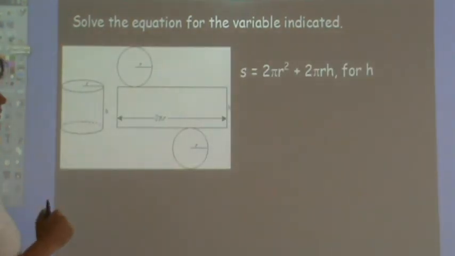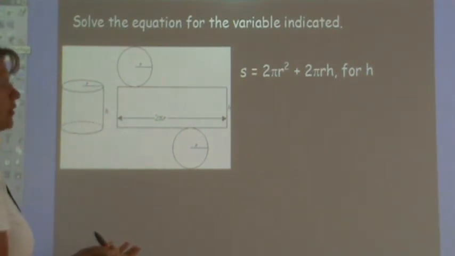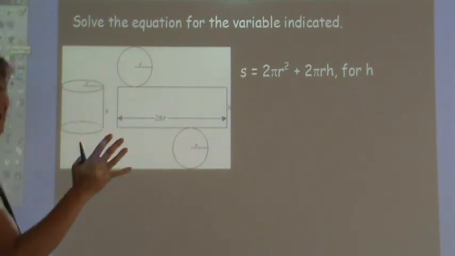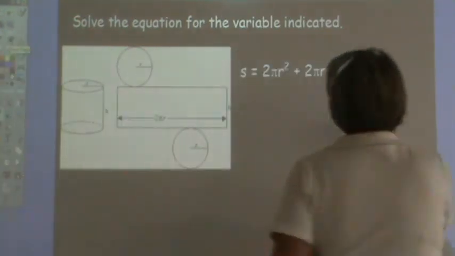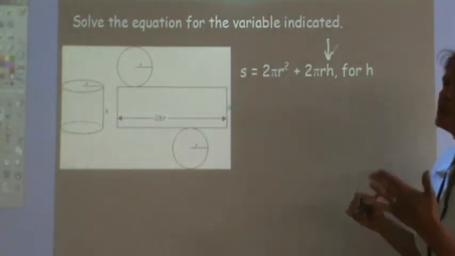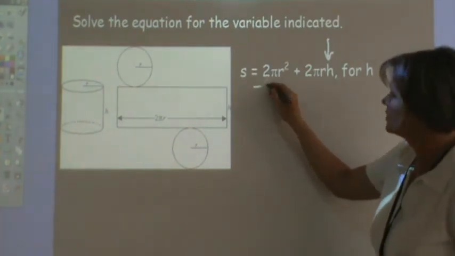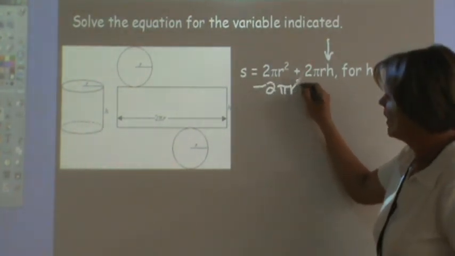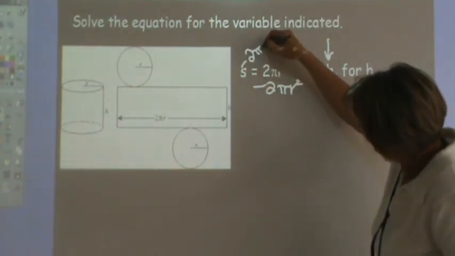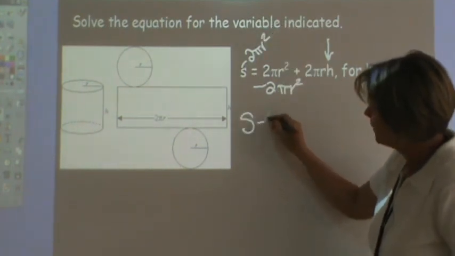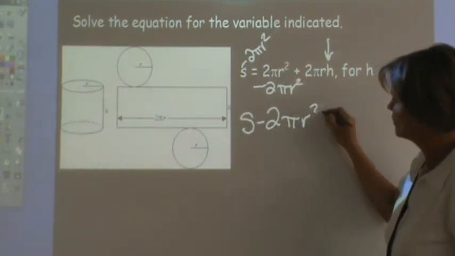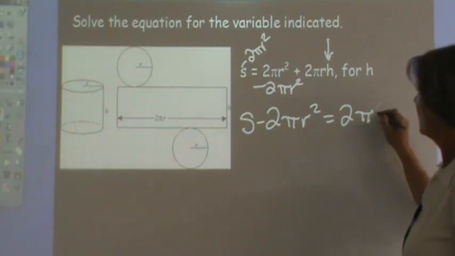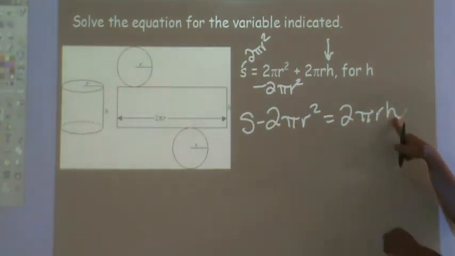All right, surface area of a cylinder. We have 2 pi r squared plus 2 pi r h. We're going to solve it for h. Not as intimidating as it looks. We want to keep the h, do the adding and subtracting first. So I'm going to subtract 2 pi r squared. So I have s minus 2 pi r squared equals 2 pi r h. Well, I'm trying to keep h.